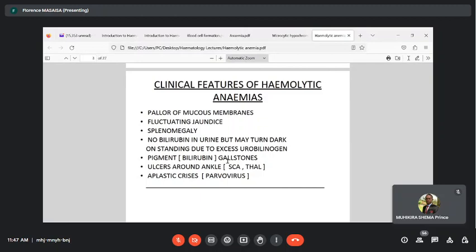They may have splenomegaly. They may have dark urine due to excess bilirubin. Excess bilirubin may cause gallstones. They may have ulcers around the ankles in case of sickle cell anemia. They may also have an aplastic crisis, which is related to parvovirus.